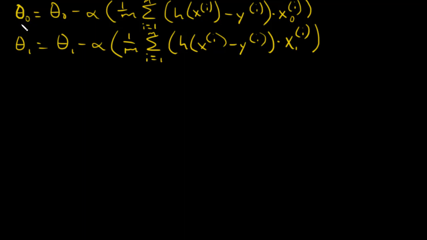I update my theta 0, then I update my theta 1, theta 2, theta 3, dot, dot, dot, all the way to theta 4. And is everything going to be absolutely fine? No, we are going to have a big problem if we run this kind of algorithm inside of our code.